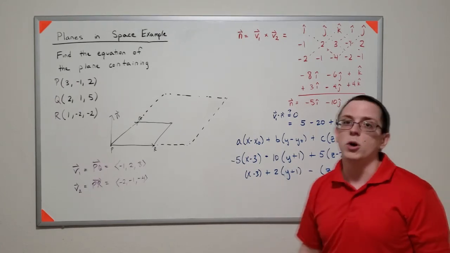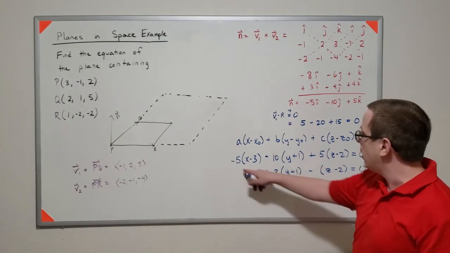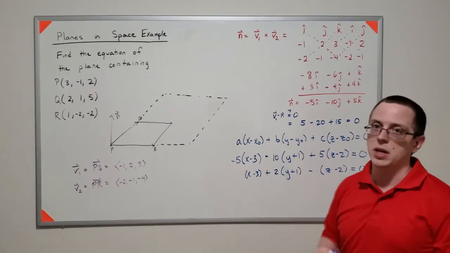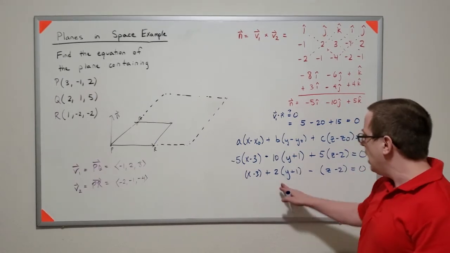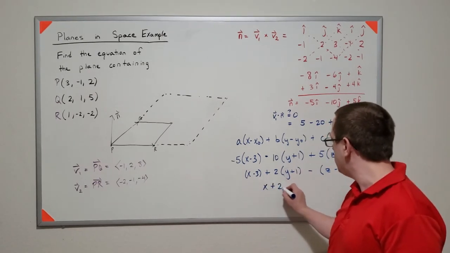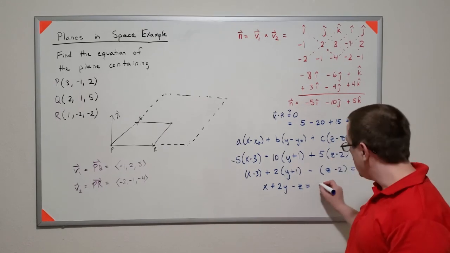This is also an equation of the plane because this would be working with a scaled version of the normal vector, but this would still describe the same plane. And we could also rewrite this. We could say x plus 2y minus z equals negative 1.